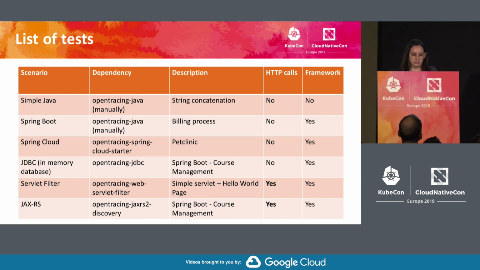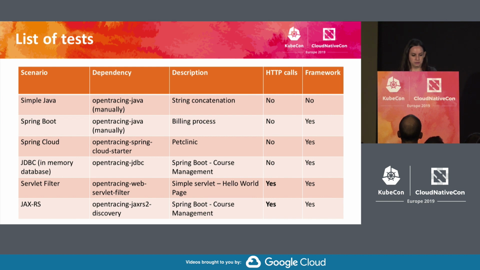With this scenario, we don't have either HTTP calls or frameworks involved. This scenario doesn't represent a real use case, but it provides a very good baseline of the theoretical limits of the tool involved.